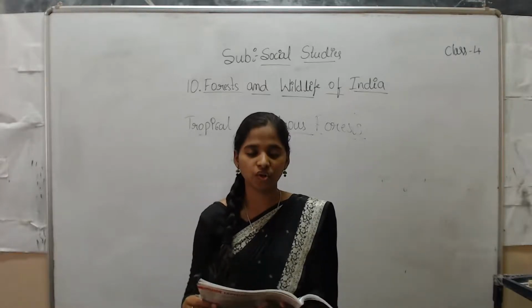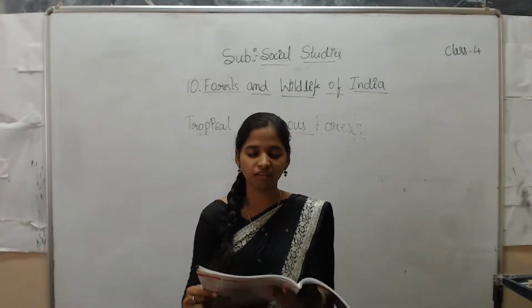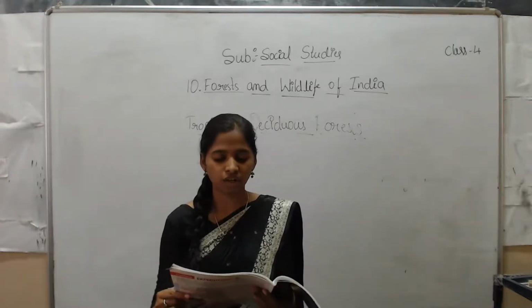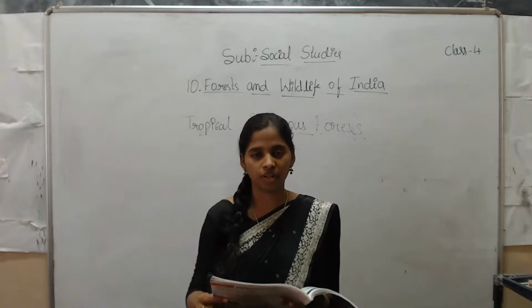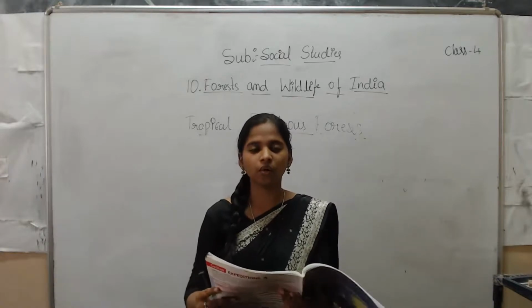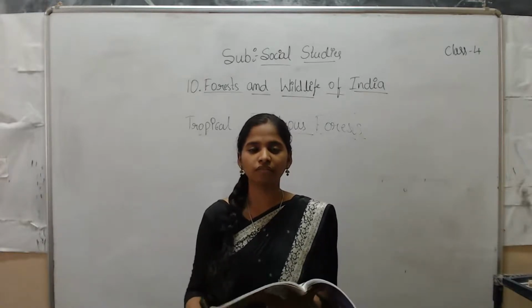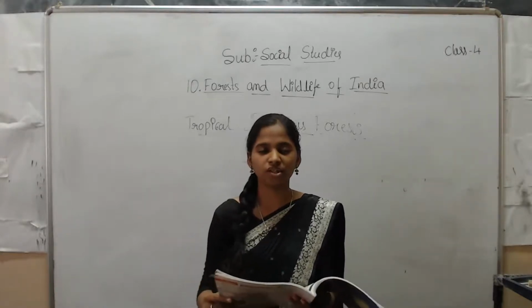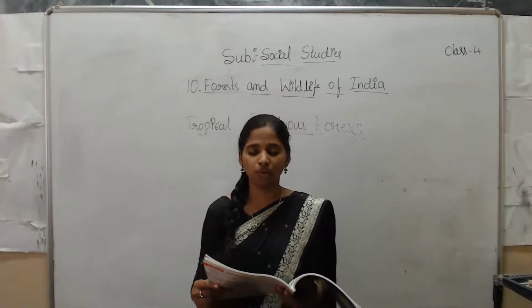In India, tropical deciduous forests are mainly found in the foothills of the Himalayas, in the states of Uttarakhand and Uttar Pradesh. Just below the Himalayas, near the foothills, you can observe this tropical deciduous forest, mostly in Uttarakhand and Uttar Pradesh.